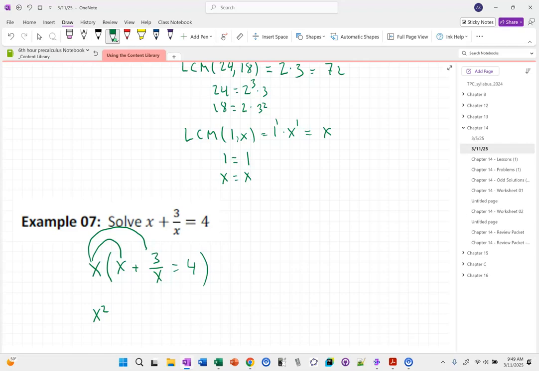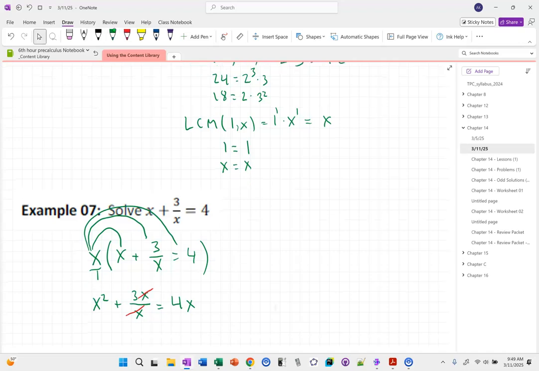What do I get when I do x times 3 over x? Right, so I think about it as a fraction. So I multiply the tops together. So I'd have 3 times x over 1 times x. So the x's would cancel out, leaving me with just 3 to the first. And then I multiply x times 4, and that's just going to be 4x.